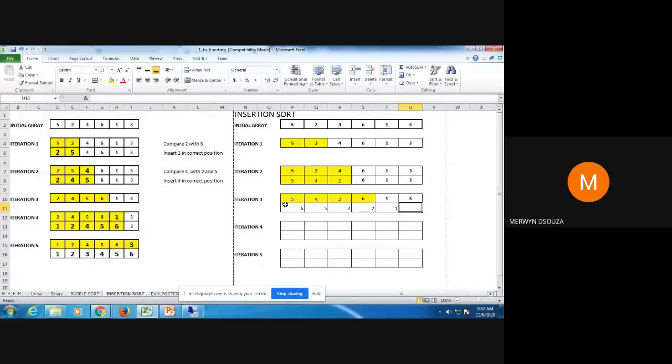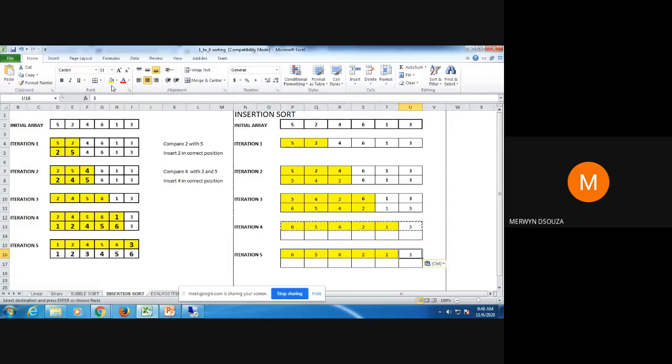The remaining elements are going to be as they are. After comparing, you will get something like this. Next, you are going to include one more element, that is 1. When you compare the descending order here, the order is proper. So you're not going to do anything about it. No exchanges.